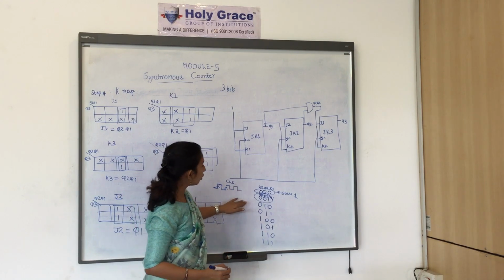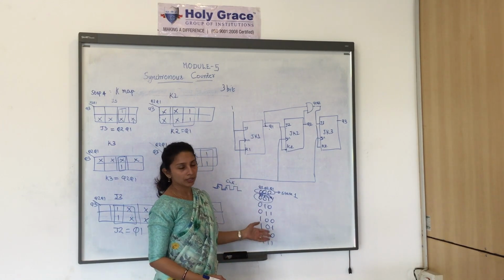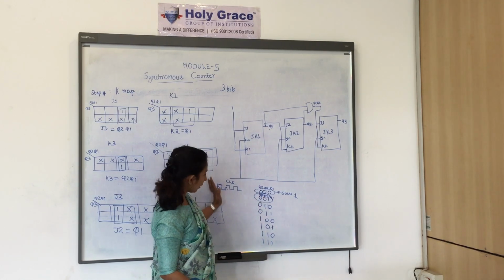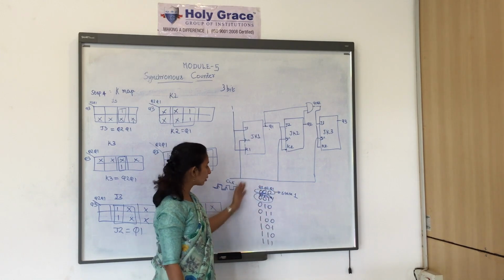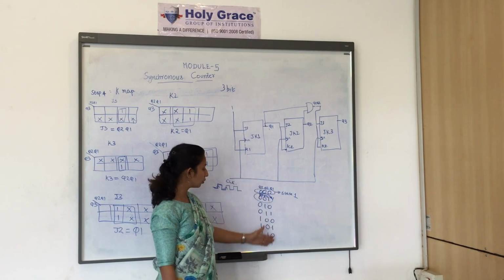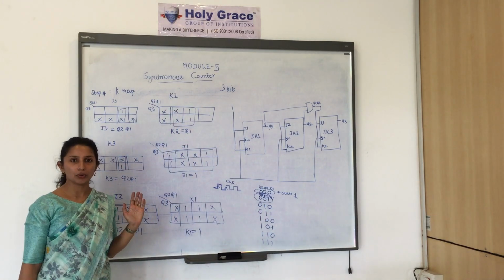Similarly, for every clock pulse the state changes and you get the required output. Once it reaches 1 1 1, it goes back to 0 0 0. If I apply a continuous clock, the state keeps circling from 0 0 0 to 1 1 1. So that is how we design a 3-bit counter.